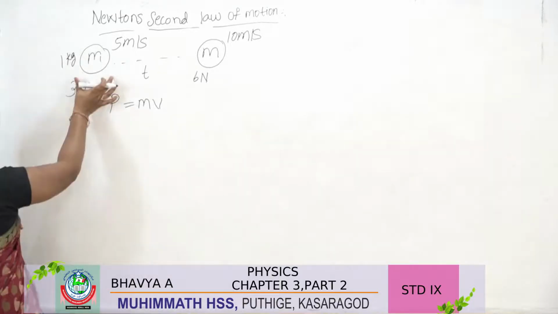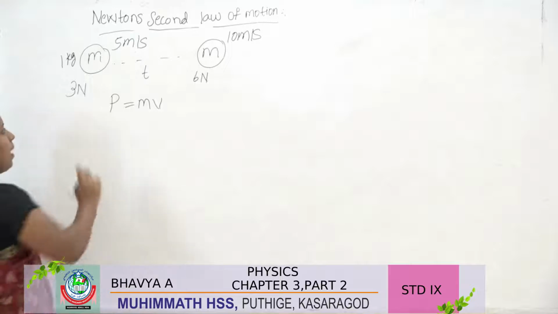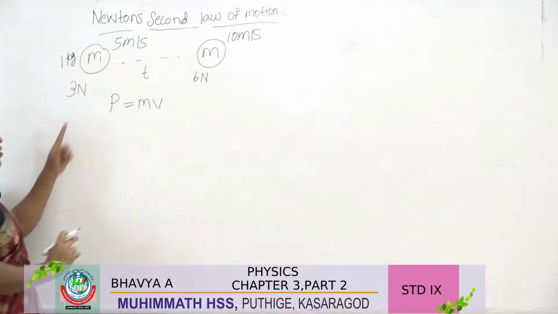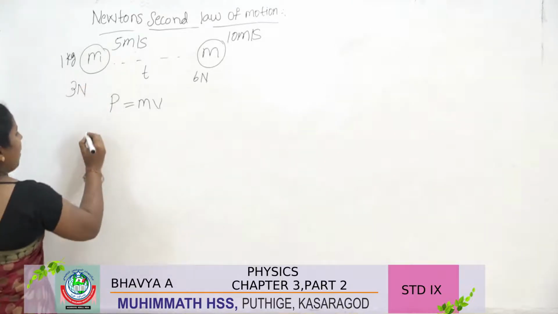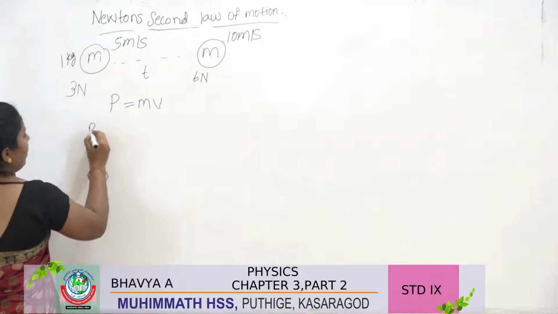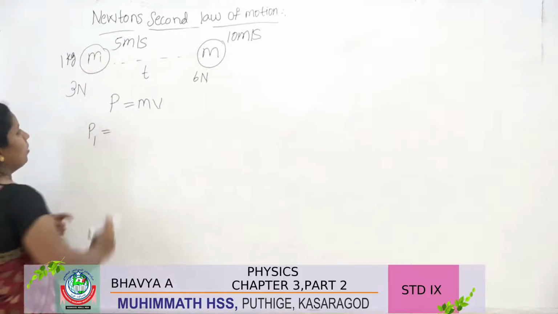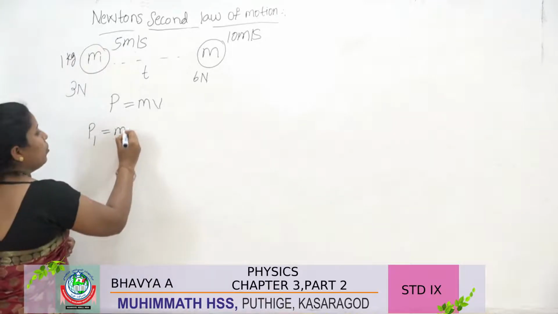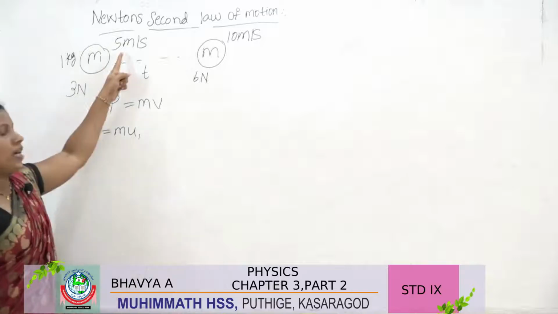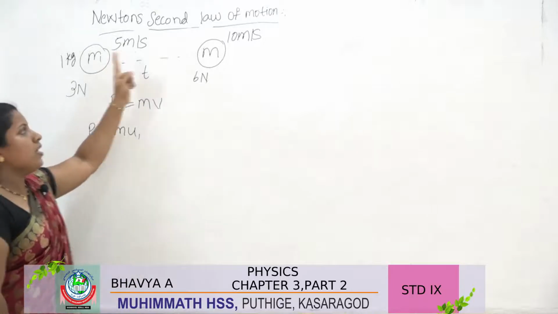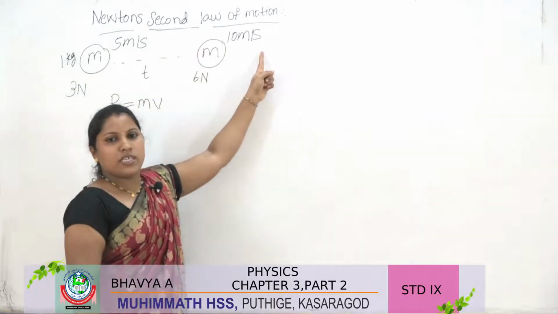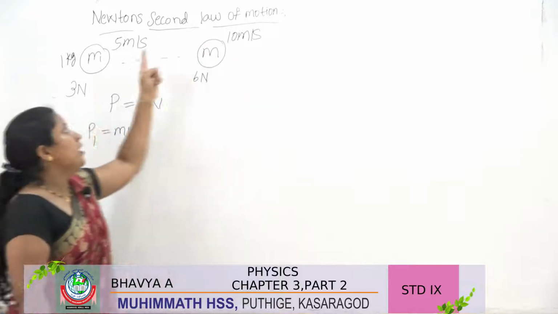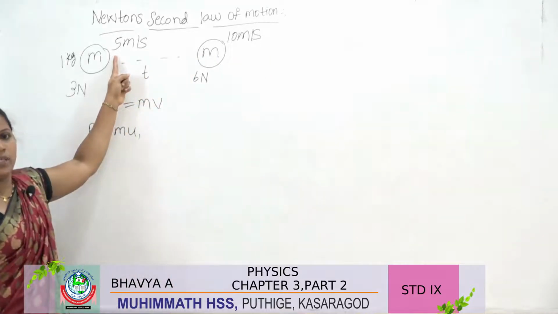The momentum of the first body: P1 is equal to m into u1. Why? Because the initial velocity is 5 meter per second and the final velocity is 10 meter per second.